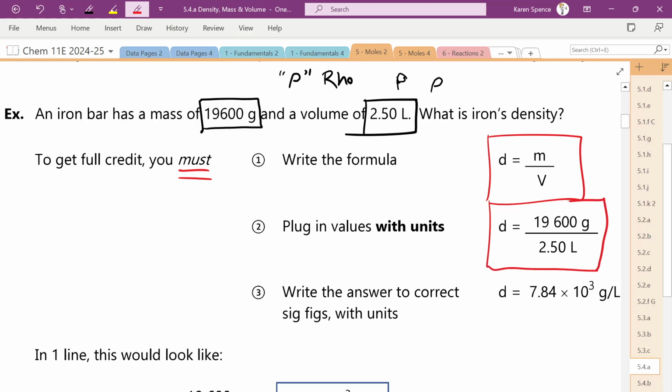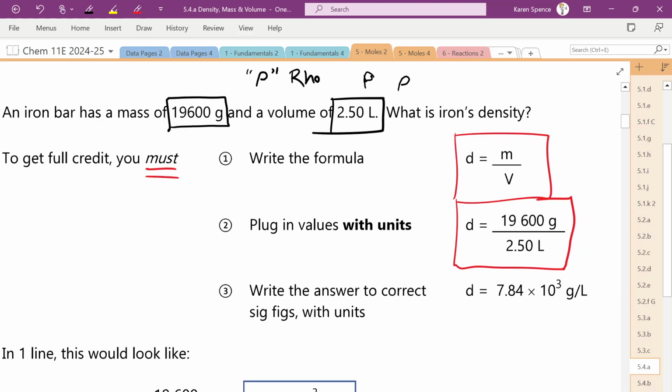Now molarity becomes a bit of a dodgier thing. It's such a common calculation that we'll often just go concentration of this equals this many moles over this many liters and be done. Do we have to write the formula? No, I don't think so.